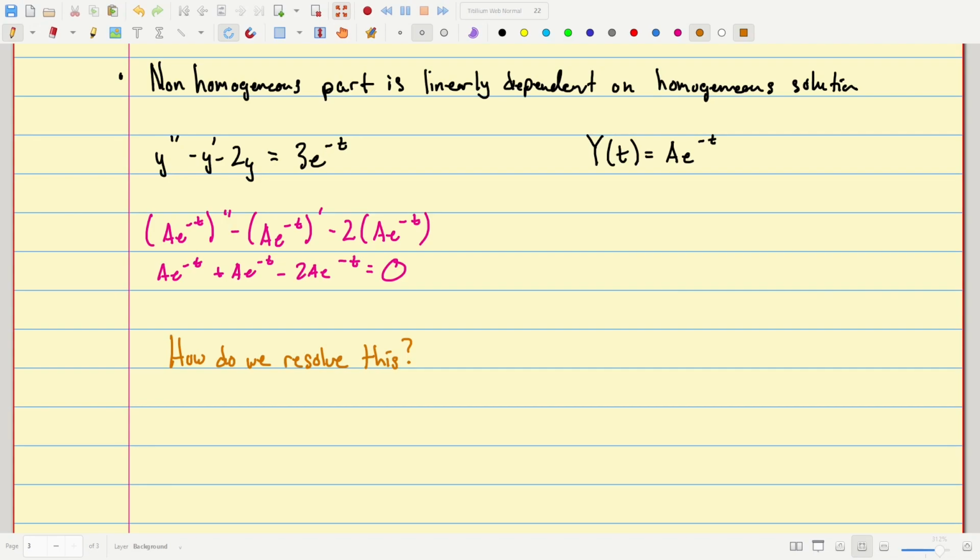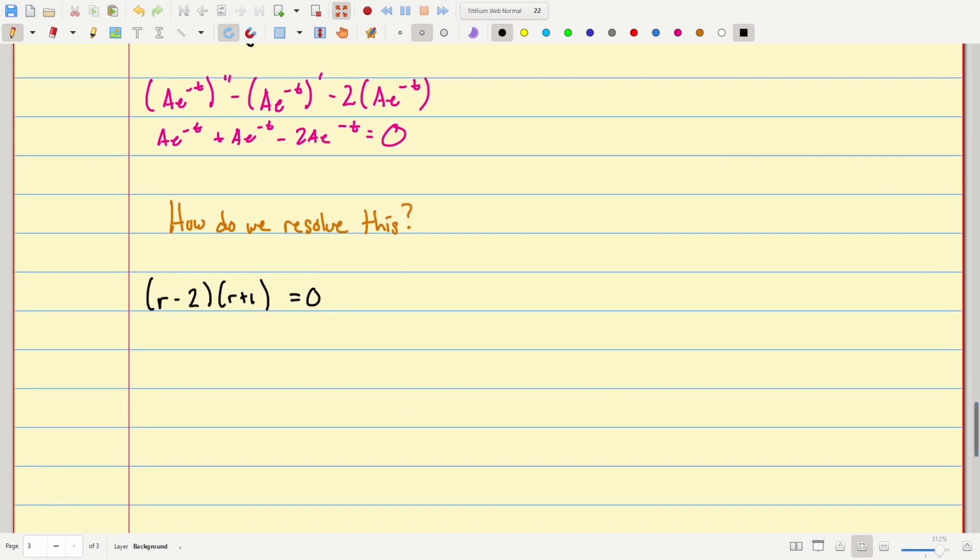Now, if we look at our original equation and remember that its characteristic equation had the following form, maybe what we can do is take advantage of the technique that we talked about a couple of sections ago.